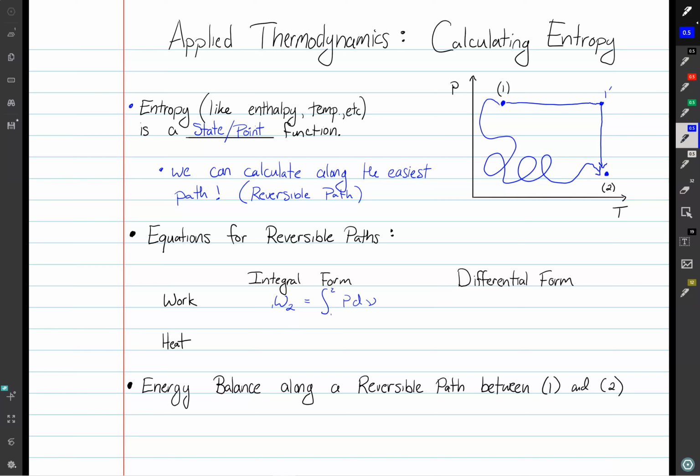Again, let's be a little bit extra explicit here. We're talking about the reversible work from state 1 to state 2.